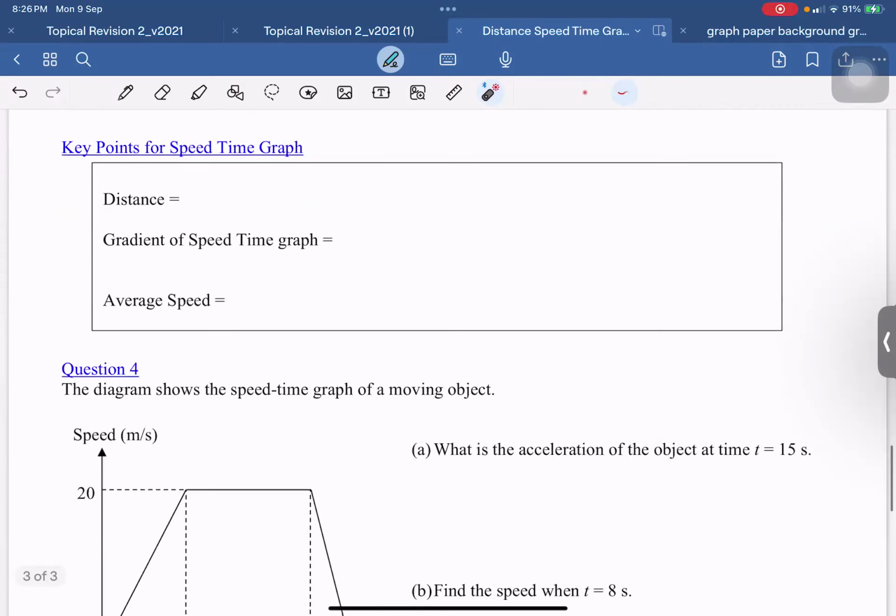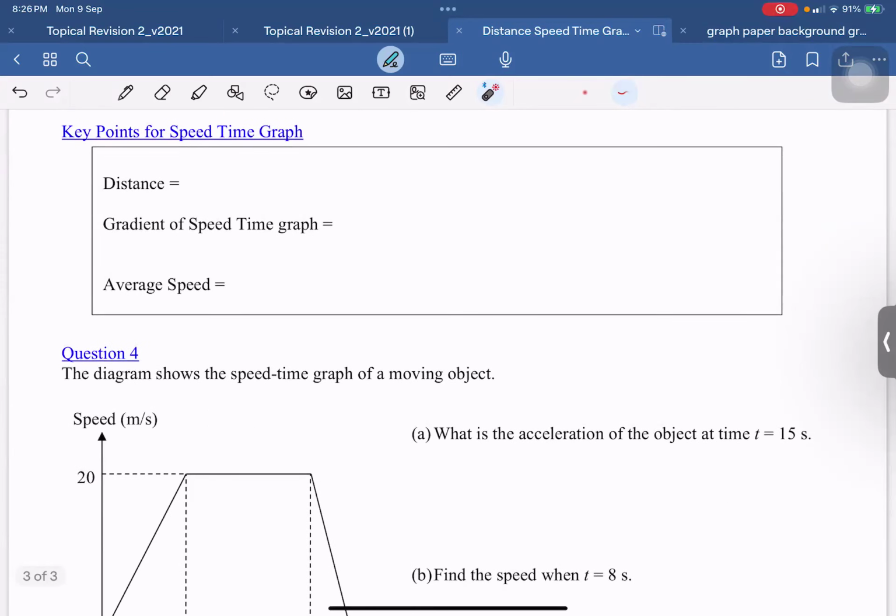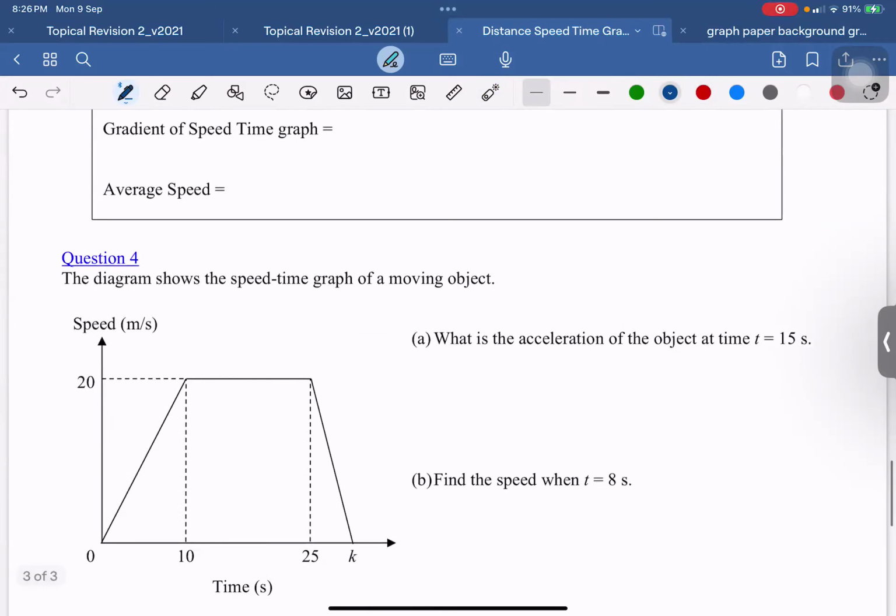This is the speed time graph. The speed time graph has a couple of different things that we can do. Number one, it can help me to find the distance. How to find the distance? Normally, distance is speed times time, correct? So if, for example, I take 20 times the time 10, is it constantly traveling at 20 all the time?